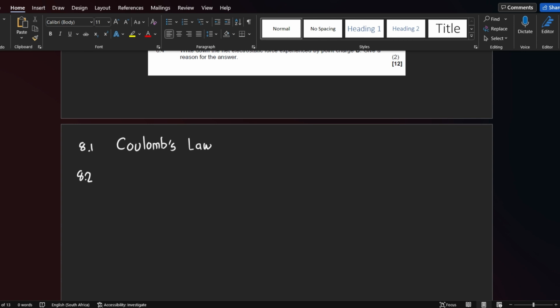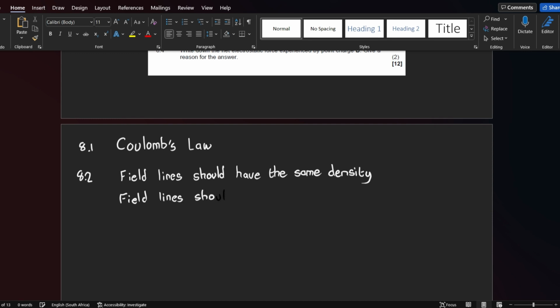8.2. So field lines should have the same density. Secondly, field lines should never touch.